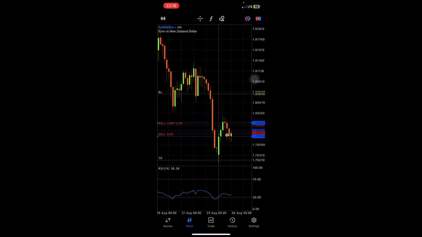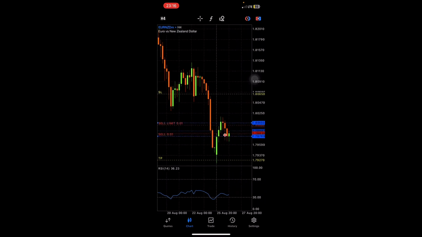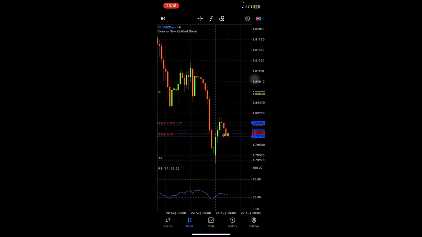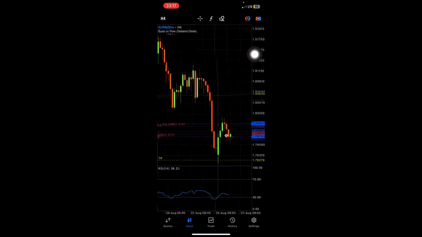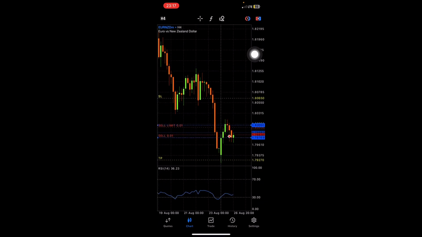The second thing to take note of is your stop loss and take profit, which is the second point I'm supposed to clear. Stop loss means stop loss. It means when the market gets to this point, stop my loss. Take profit is when the market gets to this point, take my profit. If you remember, when you are selling in the market, you are predicting a down movement, right?